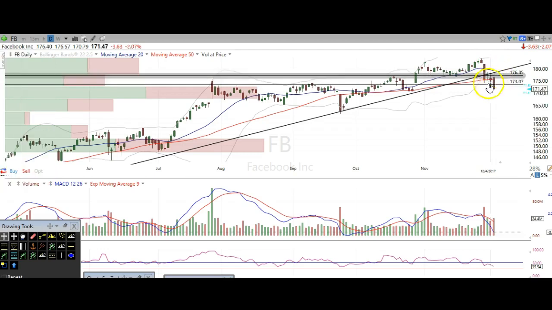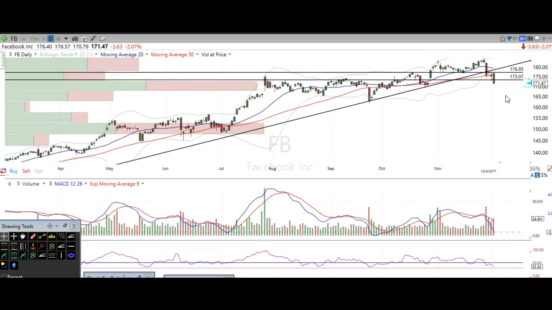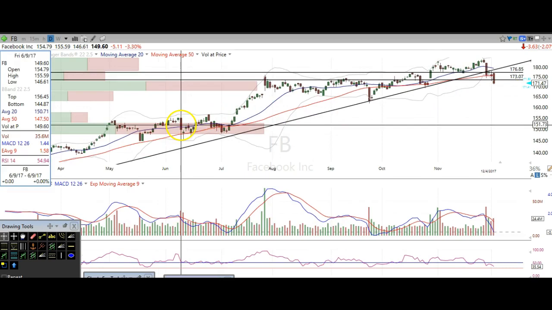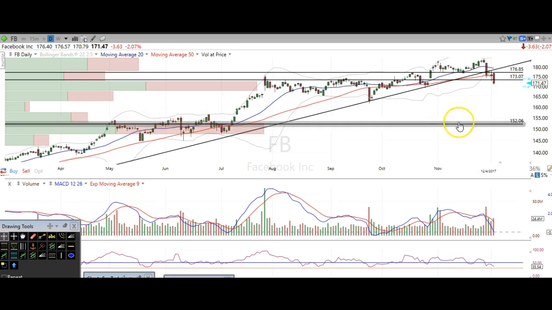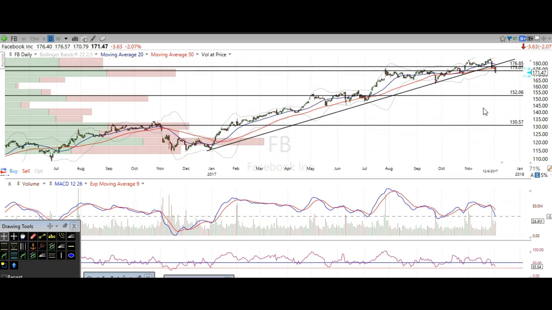So it's right here at a very big support, between here and about 165. Or I'm sorry, 168 is that support. If it breaks those levels, it's probably going to head down to right here about 152. In that case, 152 is a huge buying opportunity on Facebook.